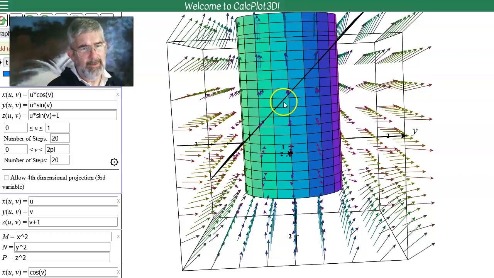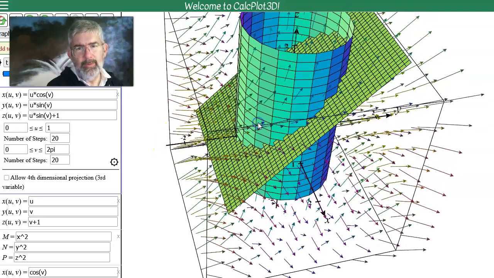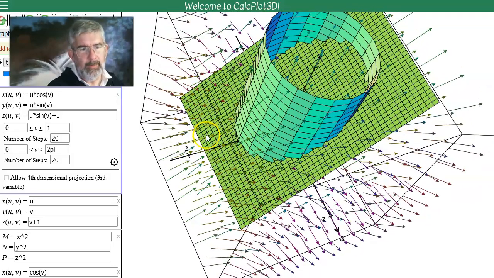It's not immediately obvious which one you're getting. So anyway, the simplest way to parameterize this plane is this one that I have right here, where x is u, y is v, and z is v plus 1. So z is y plus 1 like they wanted.